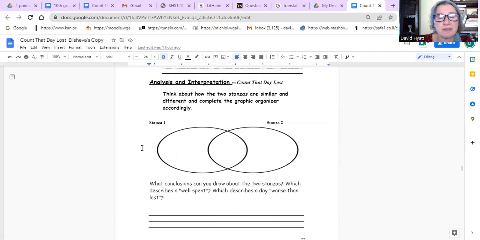So this is something that all of you must do. You understand what is common in the form of the poem, what is different in its form, and what is common in its content, the message, and what is different.